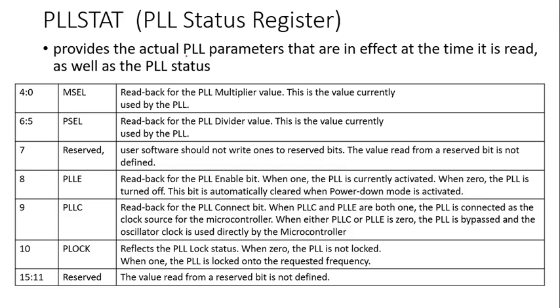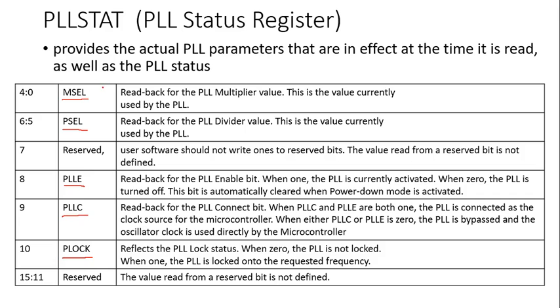Next, the PLL status register. Whatever we have seen earlier, all those bits are part of the status register. For example, M cell, multiplier selection, P cell, divider selection, PLLE, that is PLL enable, PLLC, that is PLL connect, and one more, the PLL lock status.